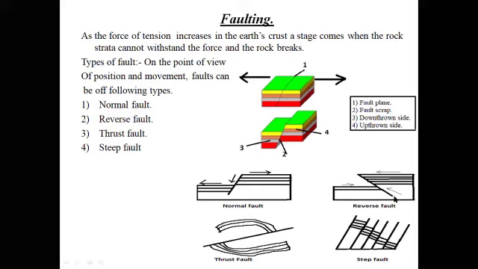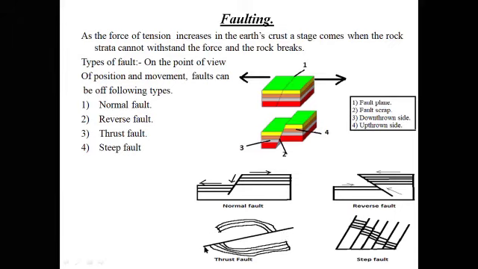The next one is thrust fault. When one block of the fault rises up over the other along the fault plane, it is known as thrust fault. Now this black line you can see, sorry, this is called fault plane.